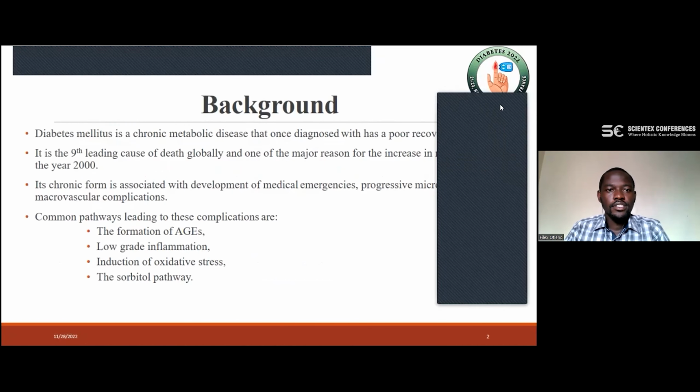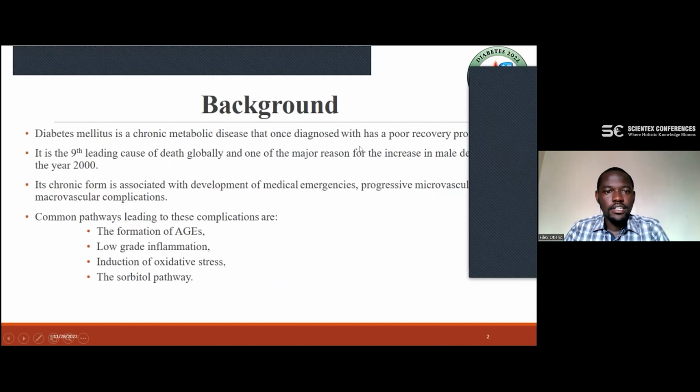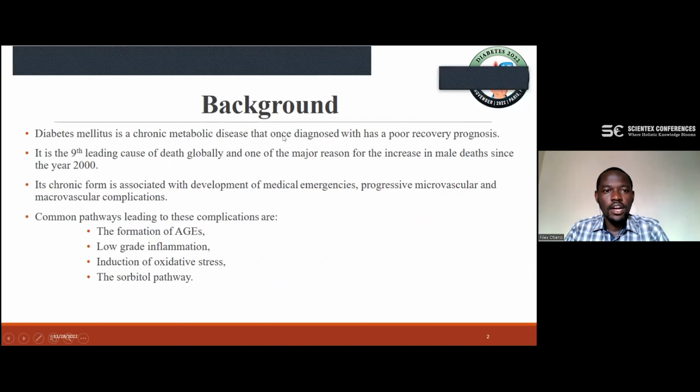Background. Diabetes mellitus is a chronic metabolic disease that once diagnosed has a poor prognosis. It is the 9th leading cause of death globally and one of the major reasons why there has been a noted increase in deaths amongst males.